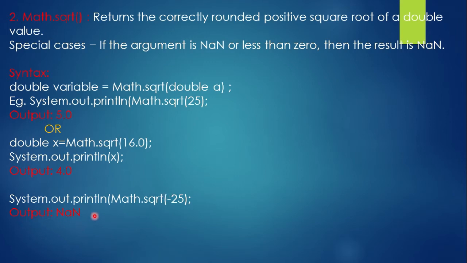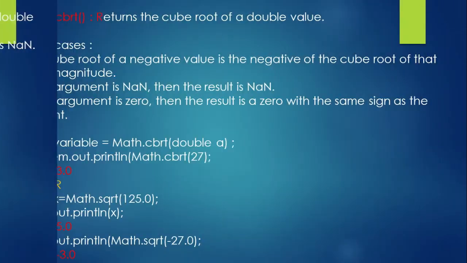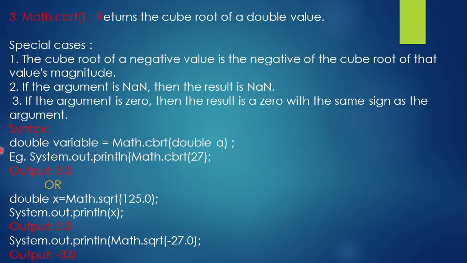Then what will your answer be? I have explained here, NaN, meaning not a number. I hope it is clear for you. Okay, now the third function, that is cbrt. See, the pronunciation itself is very clear. It returns the cube root of a number. Cube root.